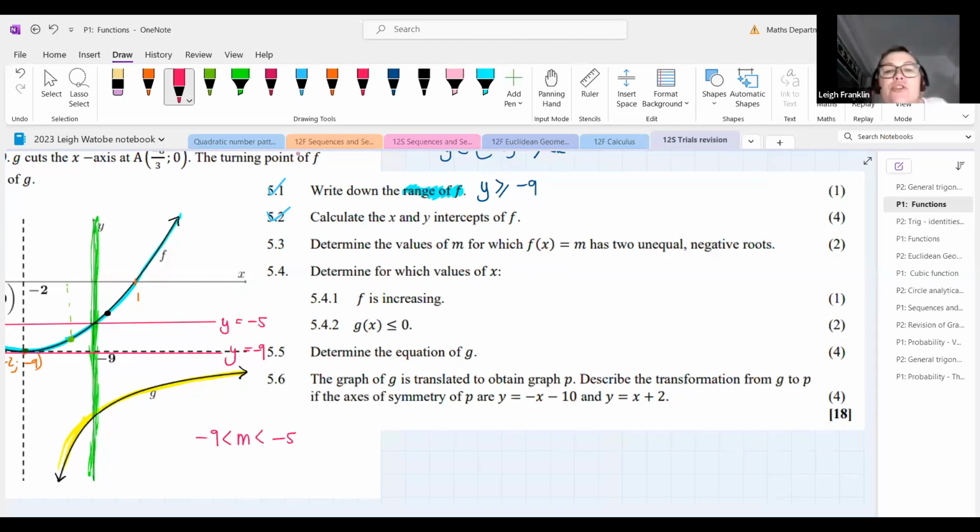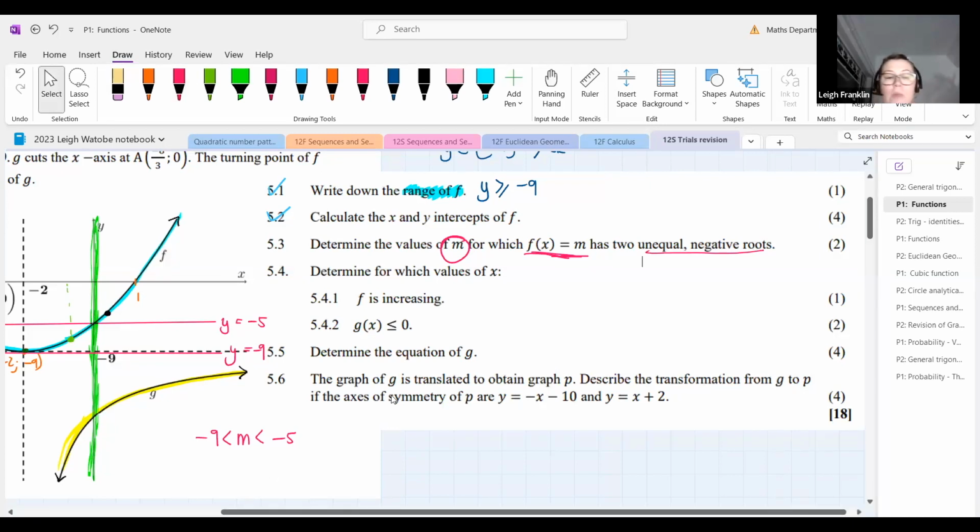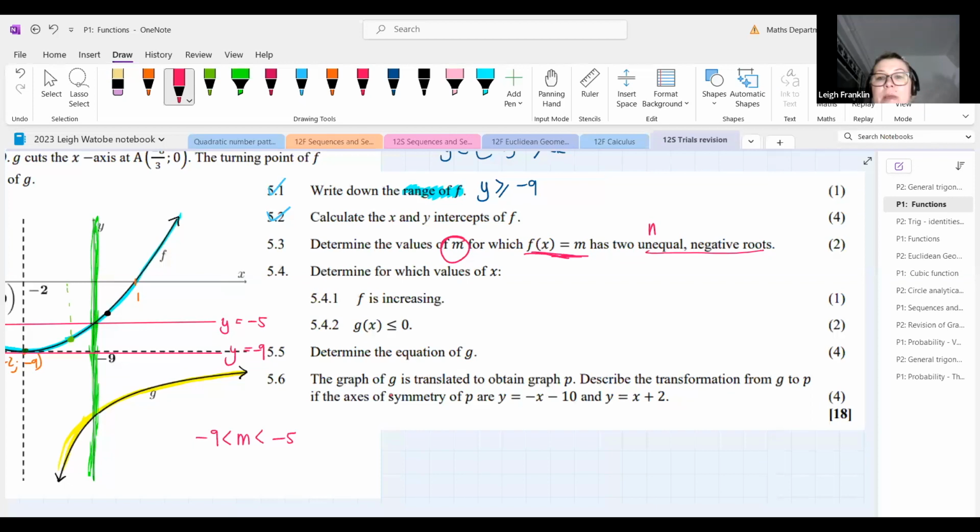So they said determine the values of m. So f of x equals m, so it is a y value. So they're asking us for which values of y our roots, our x values, are unequal and negative. Then in question 5.4, now they're saying for which values of x. Okay, all right, so we're all happy with that. M has to be a number greater than -9, but smaller than -5.